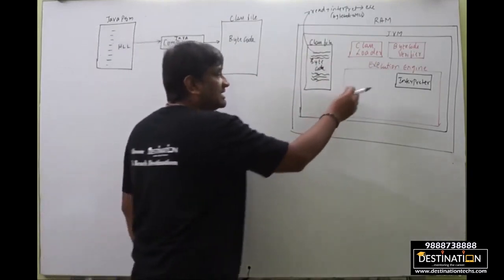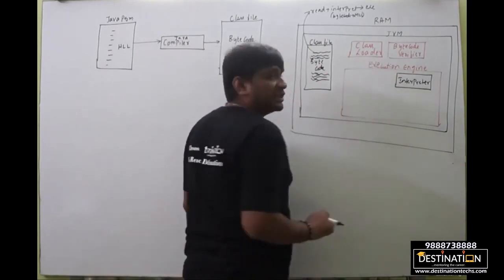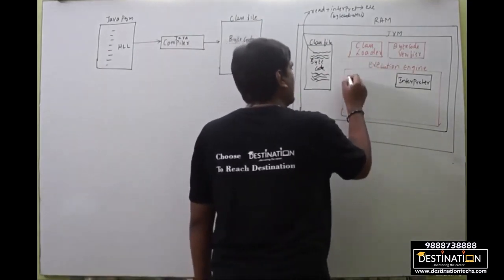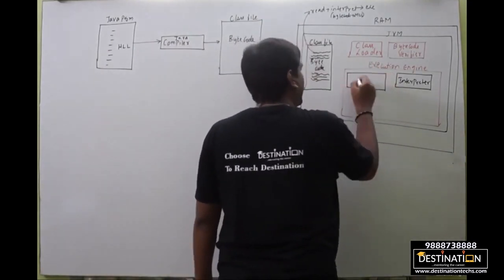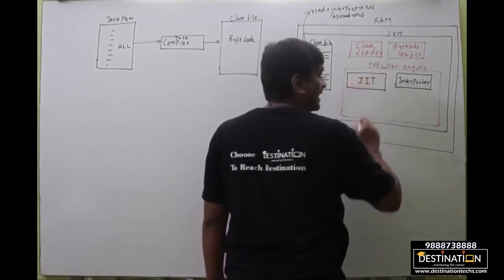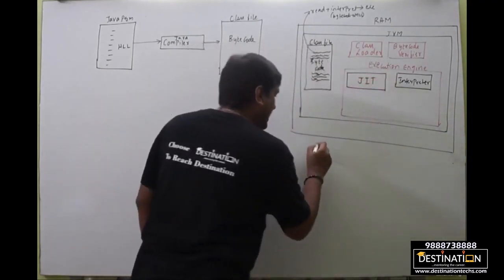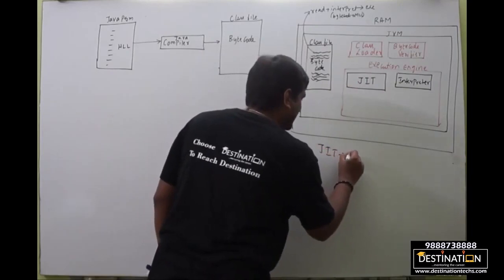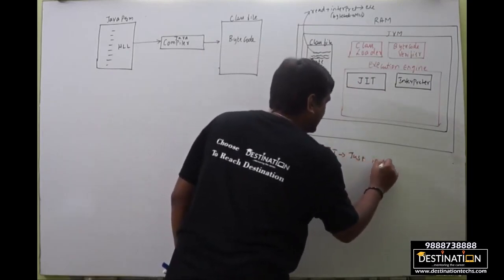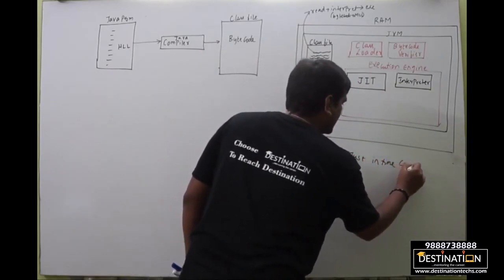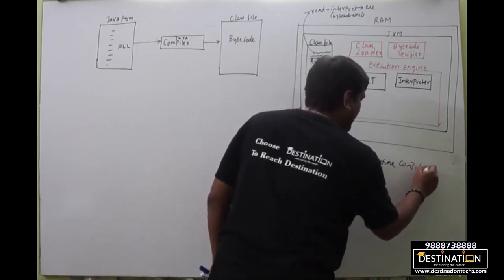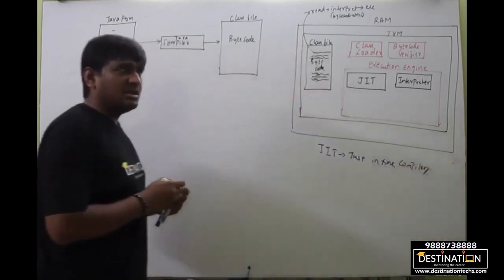But along with this interpreter, in your execution engine, there is one more person called JIT. Who is the JIT, sir? JIT stands for just-in-time compiler. What is that, sir?